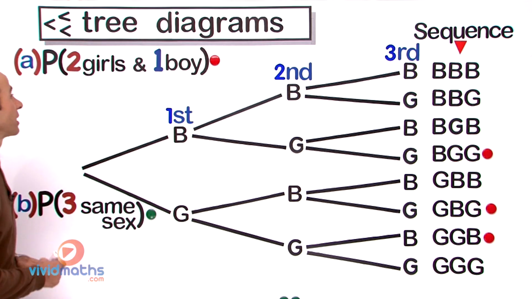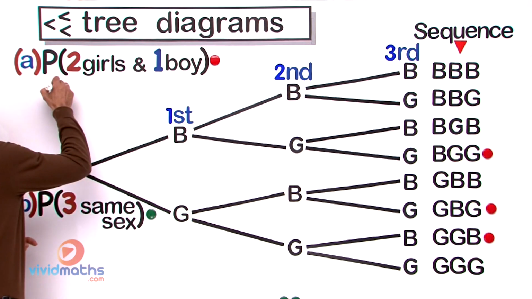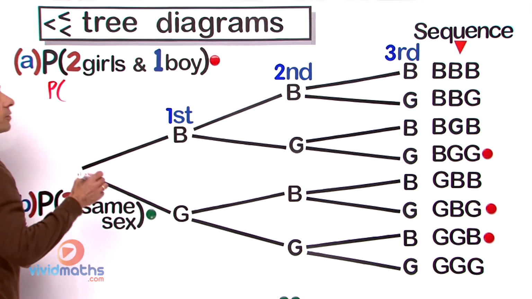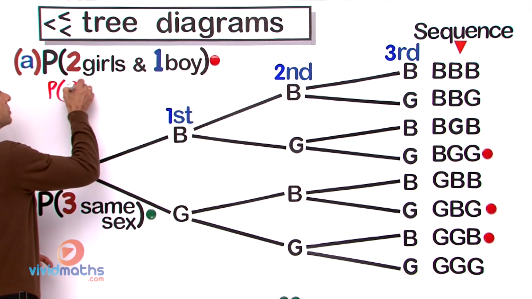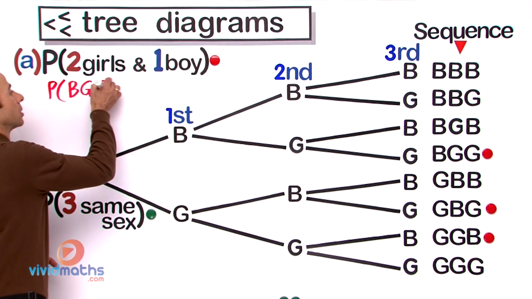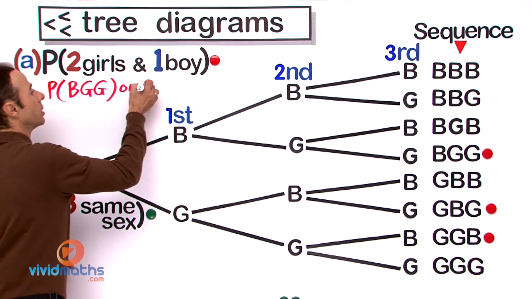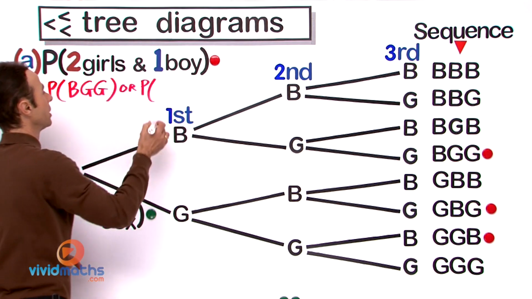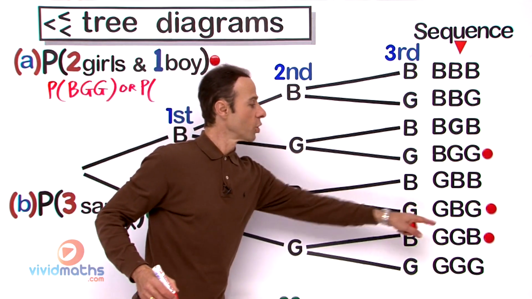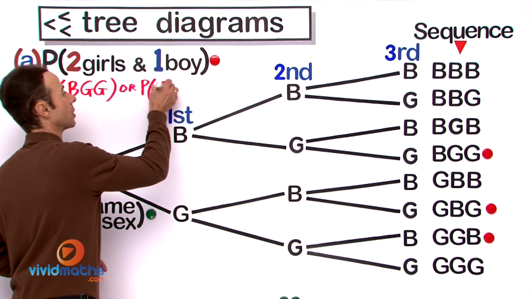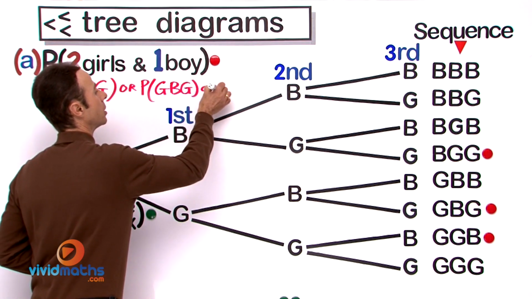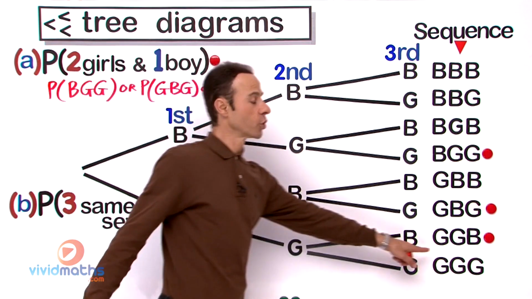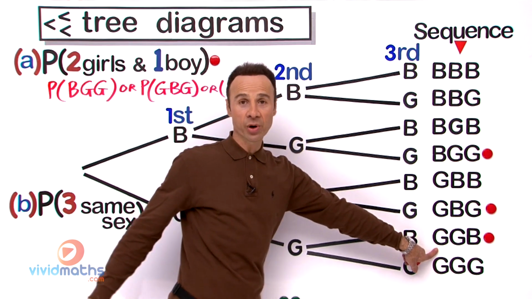So the best way to put it together would be, it's going to be the probability of the first possibility, which is boy, girl, girl, or the probability of girl, boy, girl, or the probability of girl, girl, and boy.